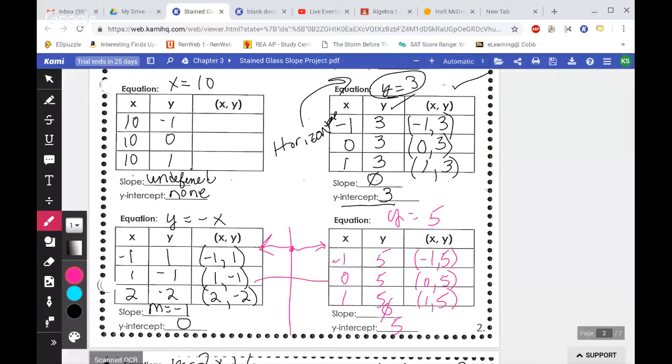If you wanted to do your vertical and horizontal lines to get those out of the way, you certainly could do that, but you don't have to. It is not a requirement. If you feel like you can graph 15 lines in class tomorrow and Thursday, then I'd say you'd be okay. If you wanted to knock some of it out, obviously you can do it. You know? Okay, thank you.